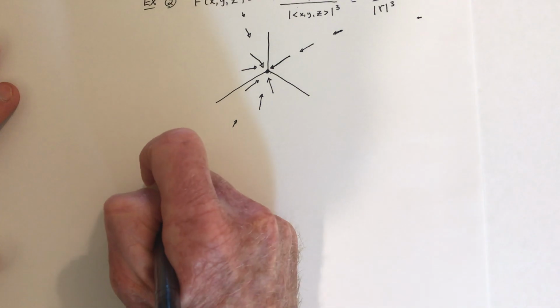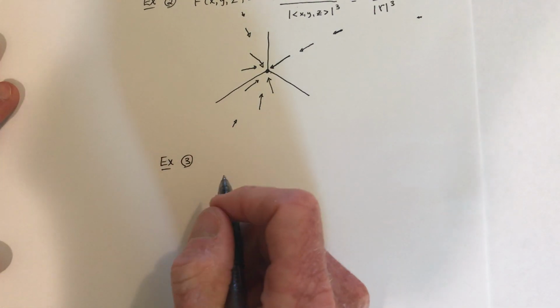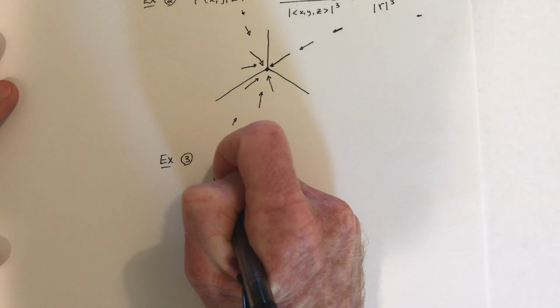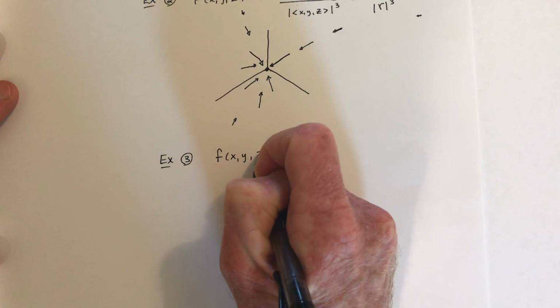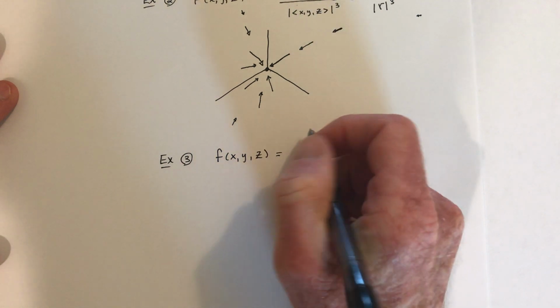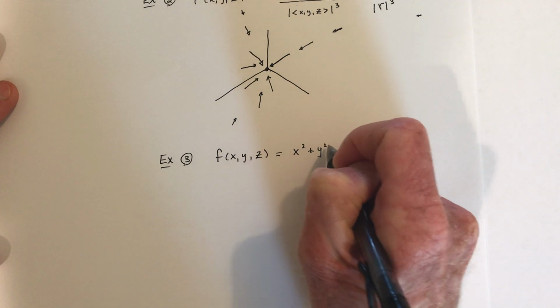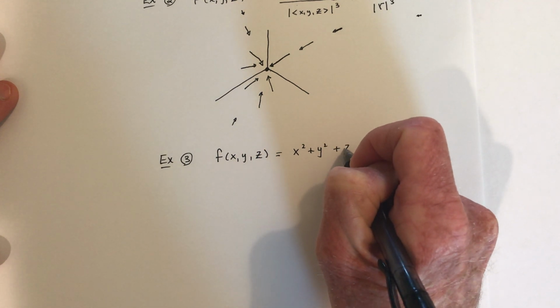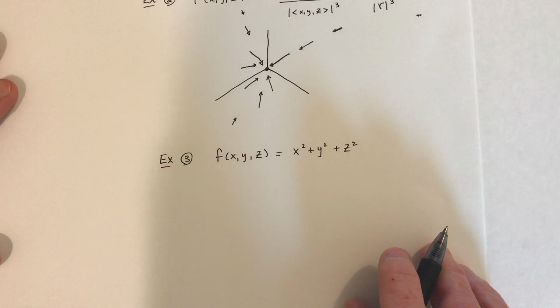Next, example number 3. Suppose that you have a function. This is not a vector. It's just the function x squared plus y squared plus z squared. That's not even a vector function. It's just a regular old function.